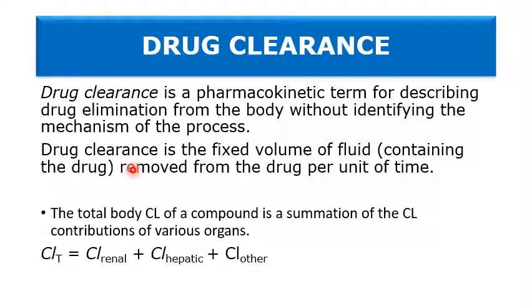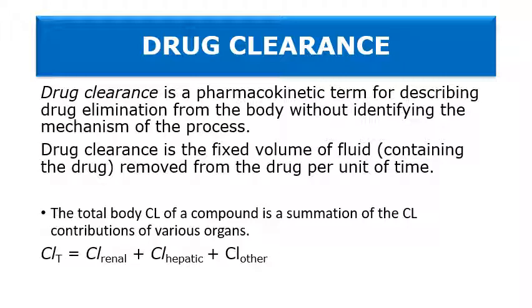The total body clearance of a compound is a summation of all the clearance processes at various organs. So the total clearance, which we abbreviate as CLT, equals the clearance in the renal system, which is mainly excretion, plus the clearance in the hepatic tissues, which is mainly metabolism, plus clearance in all other organs within the body.